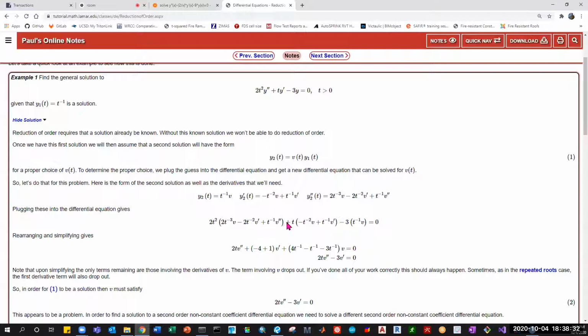And then the next parts are just doing a bunch of math. You always want to get the first and second derivatives of whatever you assumed. There's also a problem where you have to solve for alpha and beta.